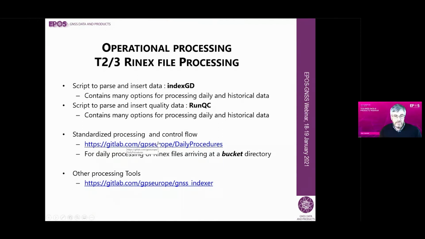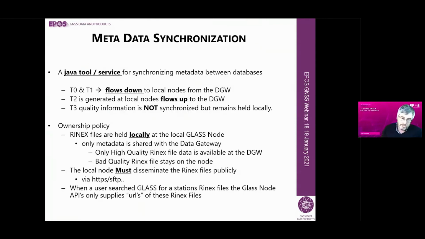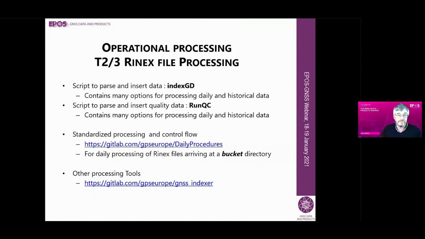But for daily processing, we have other projects, for instance, a small project called GNS Indexer, or another project for daily processing of RINEX files arriving at some sort of bucket directory and then are processed in some standard way. So as well as these basic or fundamental tools here, IndexGD, runQC, the Flask and the GLASS API, and the database and the synchronization service, we have developed a whole set of other tools and projects that might be useful for people running GLASS nodes.